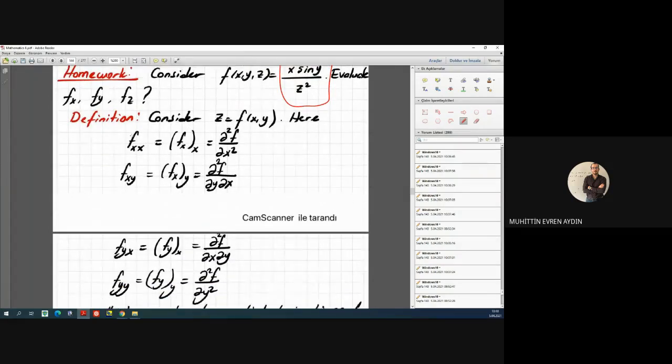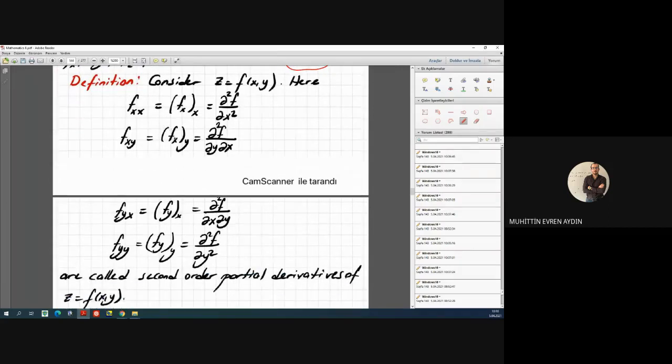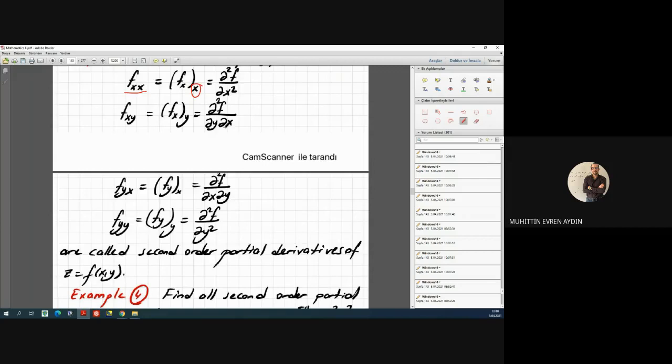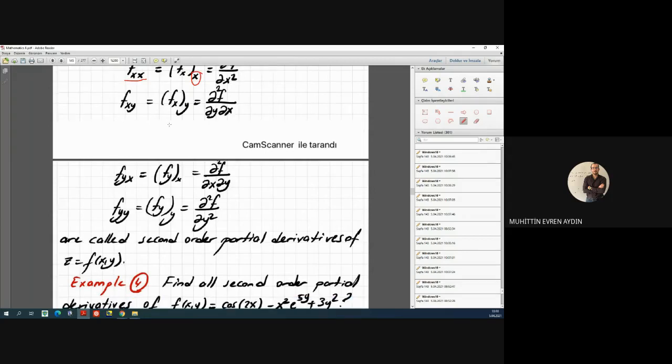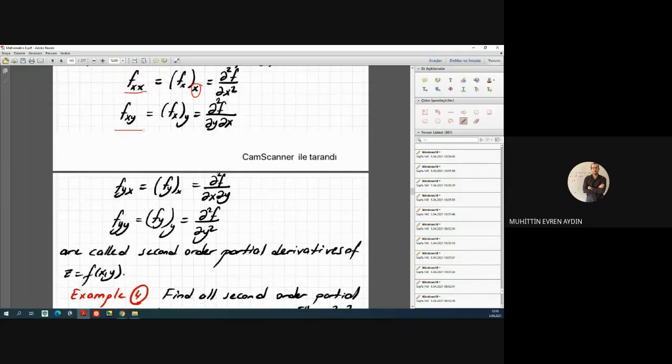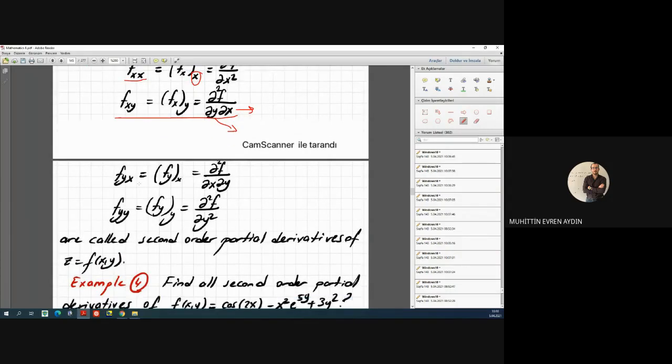And we have higher order derivatives. f_xx is a successive derivative, namely the derivative of the derivative with respect to x, with respect to x. And firstly the derivative with respect to x, and next with respect to y.